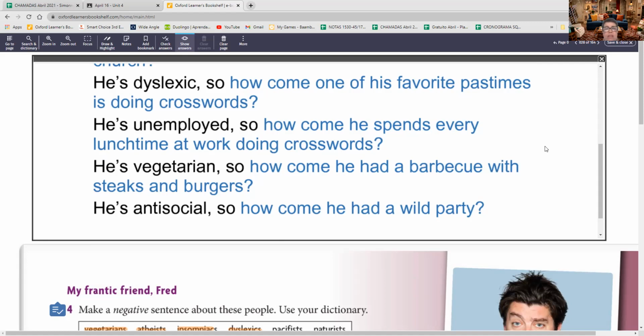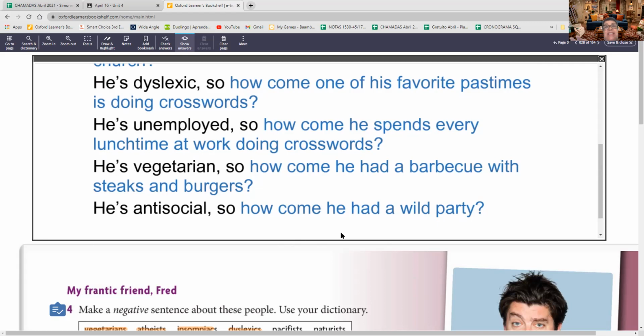For example, questions with why. Suppose the question is, how come he had a wild party? If I asked with why, I would say, why did he have a wild party?